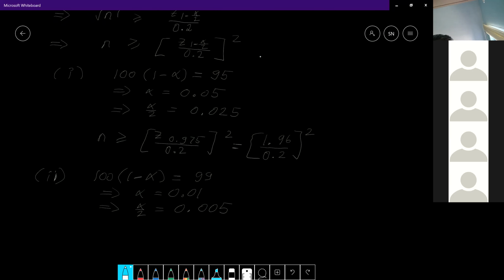So in this case, your n will be greater than or equal to the square of z_0.995 over 0.2, and if you read this from the table, it is approximately (2.58 divided by 0.2) squared. All right, guys, so this is question number 5.